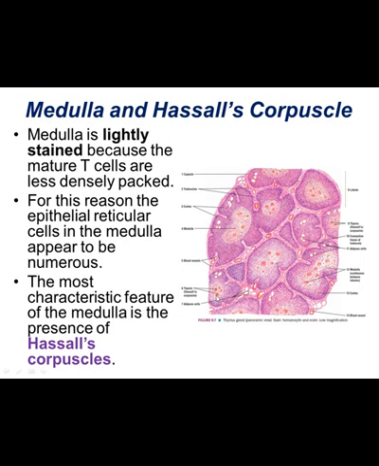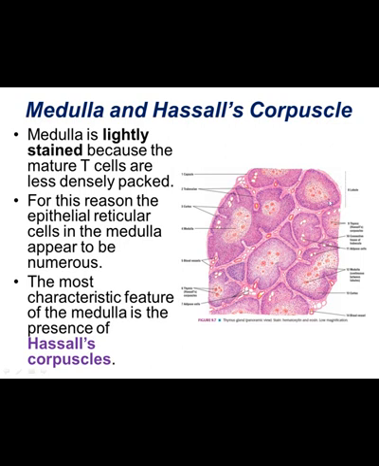Now we come to the medulla and Hassall's corpuscles. As we see in the picture, the medulla is the lightly stained area in the center. This is lightly stained because mature T cells are less densely packed.